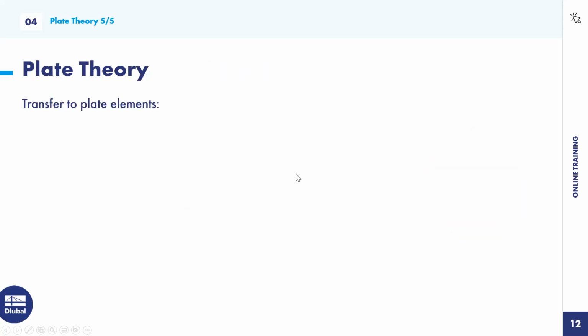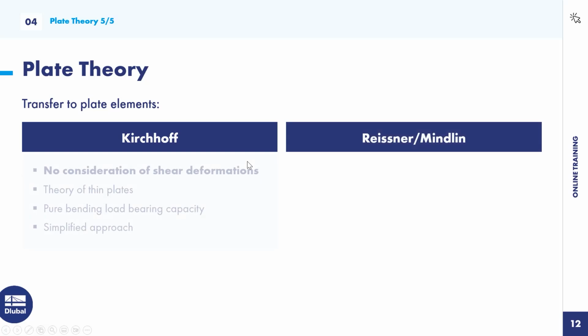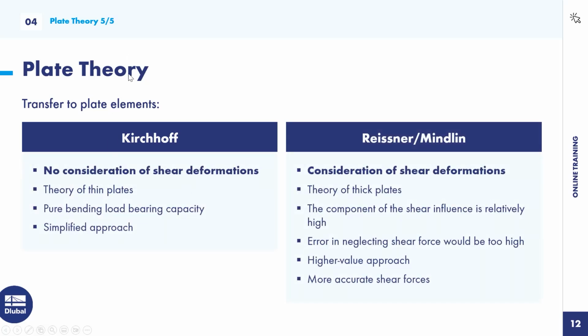Okay, let's go into the plate theories again. For the Kirchhoff, we said no consideration of shear deformations, and for the Reissner-Mindlin, there is this consideration. Now, the Kirchhoff theory is the simpler one. It's kind of better for hand calculations.